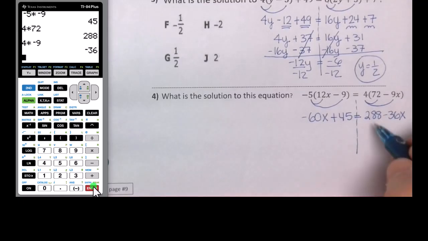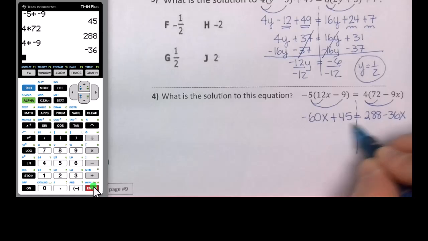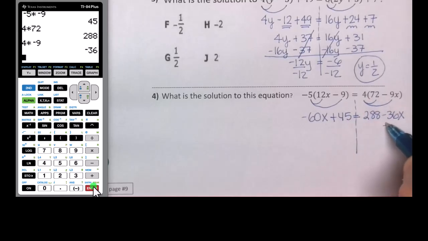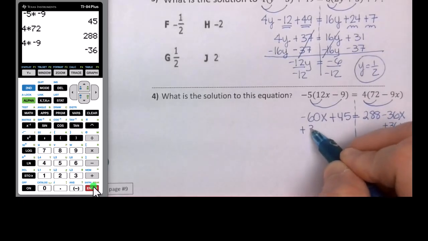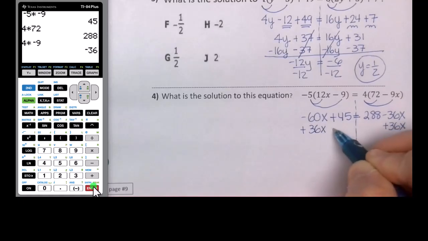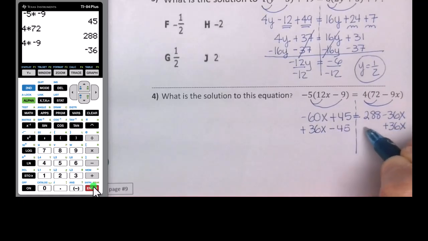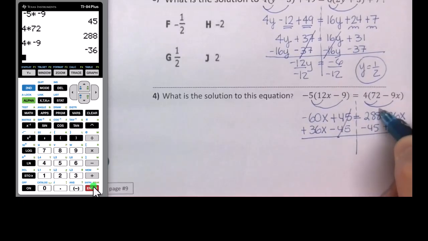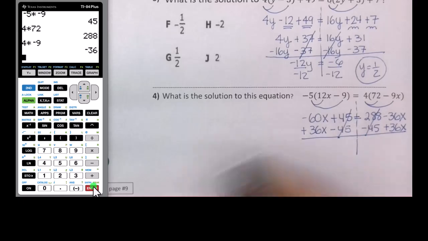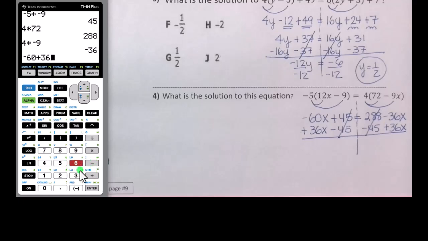All right, let's combine like terms. Well, we cannot combine it, so let's keep that step. Let's cancel the numbers. So we're going to cancel 36. Cancel 36. Then we subtract 45. Subtract 45. This will be, let's punch it in, negative 60 plus 36.